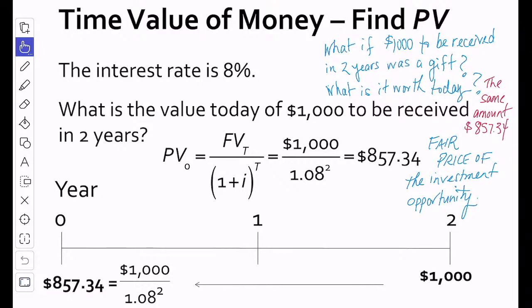If you're interested in writing it, you'd have to learn the TI BA2 Plus and the HP 10B2. I'm writing a note in the chat. These are the only calculators allowed in writing the CFA exam. That's why I'm focusing on them.